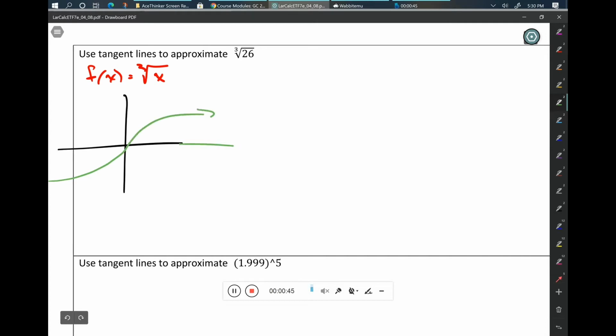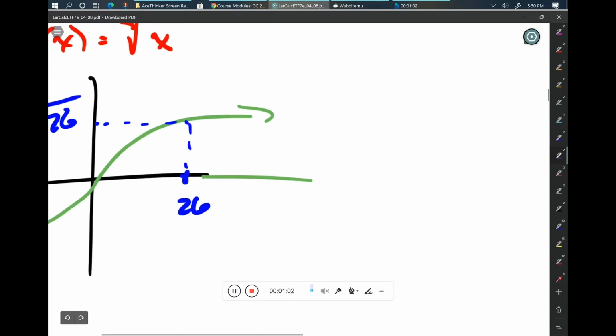Out here somewhere is going to be the value that I want to know when x is 26. What is the cube root of 26? I can't know that because I don't know how to take the cube root of a number that is not a perfect cube.